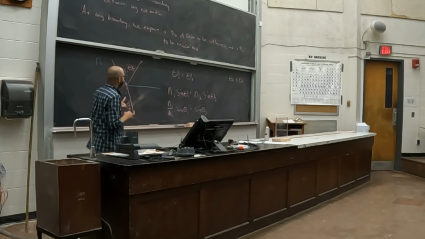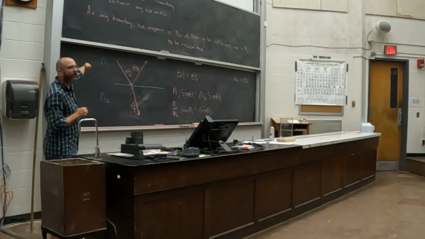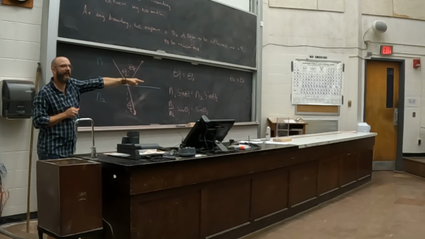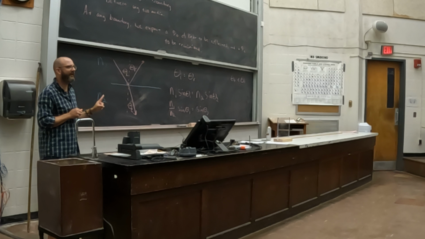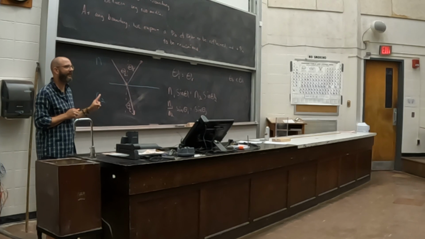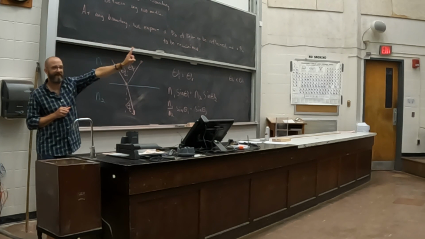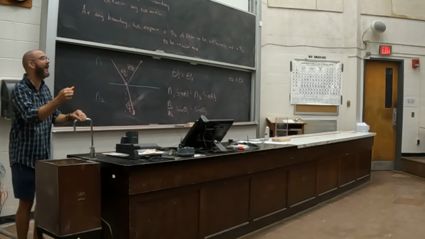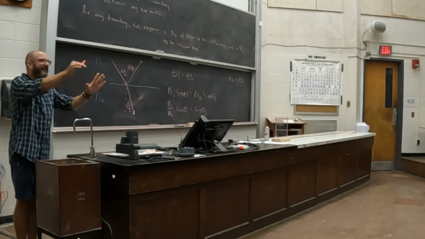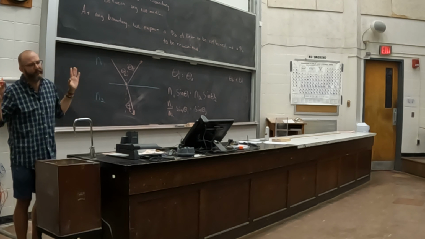Let's think about it. n1, what is my medium outside the lucite? Air. What is the index of refraction of air? Remember, that's the lowest it's ever going to be, because that's the fastest light is ever going to be. We're considering air to be like vacuum, which is a weird approximation.